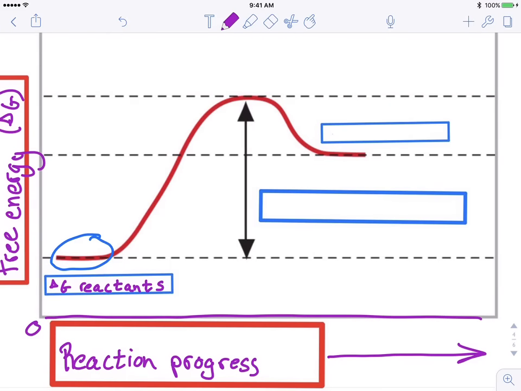And what happens right here, you'll notice there's this double arrow. And what you're seeing is that this red line is just going up and up and up. What this red arrow represents, and why this red line is going up, is the activation energy necessary for the reaction to occur.